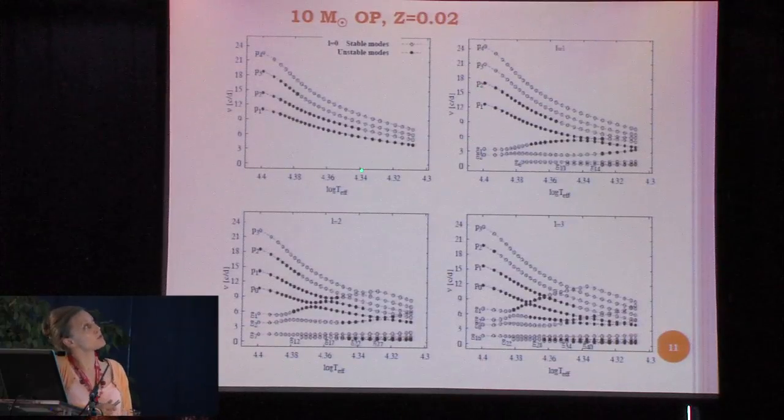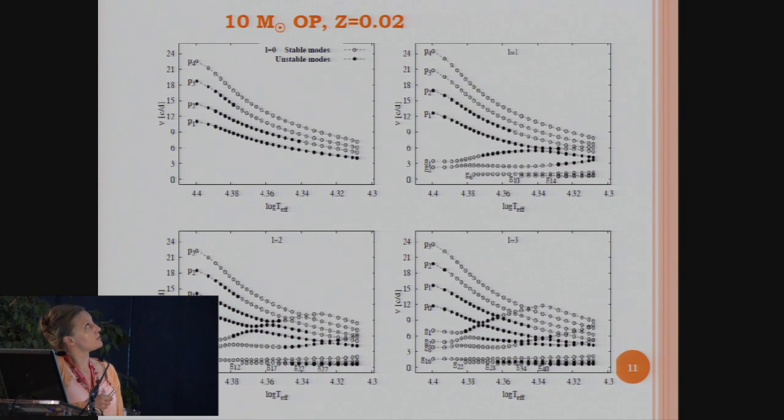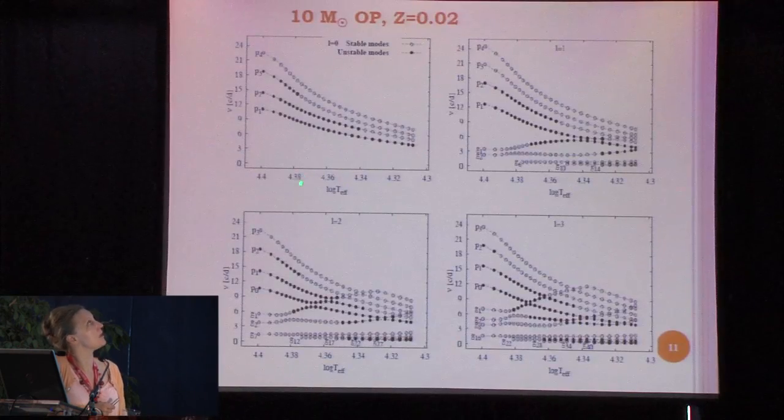And this is the evolution of eigenfrequency as a function of effective temperature. So here we have radial modes, dipole modes, quadrupole modes, and octupole modes. Dots are for unstable modes, and circles are for stable modes.